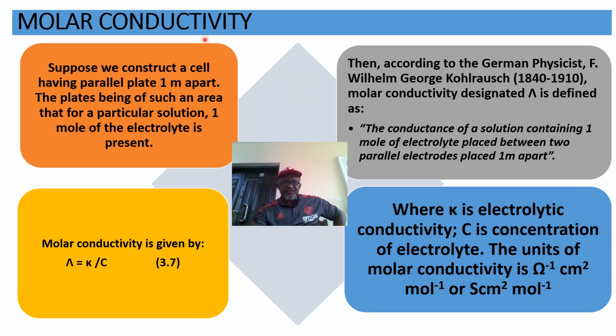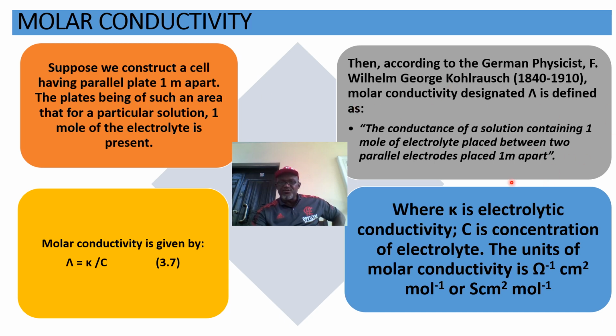Molar conductivity. Suppose we construct a cell having parallel plates 1 meter apart. The plates being of such an area that for a particular solution 1 mole of the electrolyte is present. So we're looking at a situation where we're trying to construct a cell having these dimensions.